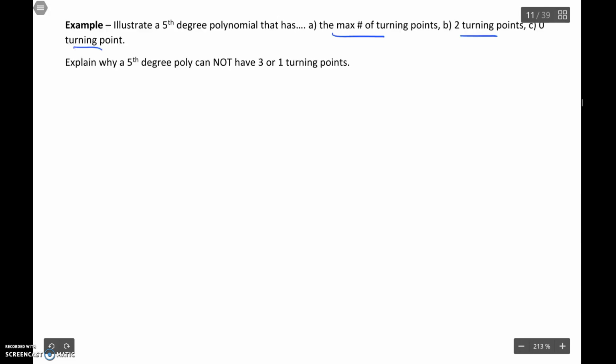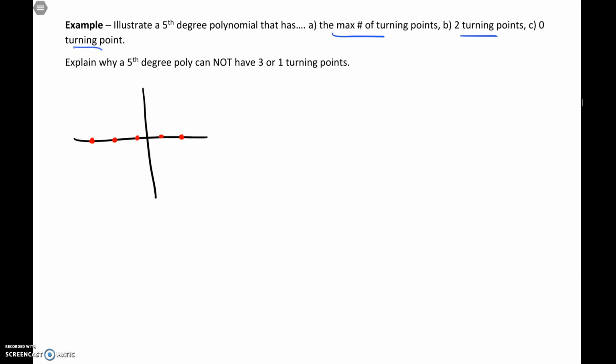Okay, well, let's just think about this. 5th degree polynomial. So a 5th degree polynomial could have as many as 5 x-intercepts. Why? Well, remember x-intercepts were factors. If you got a 5th degree polynomial, it can only have 5 factors.